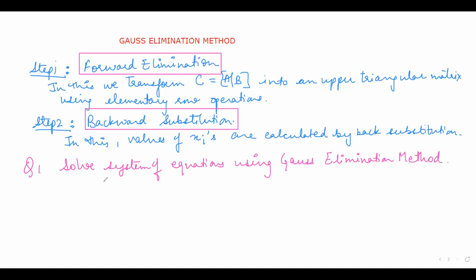So let us consider the equations. This is what we need to solve. Solution means you need to find the values of x, y, and z. So let us consider how we will be starting.